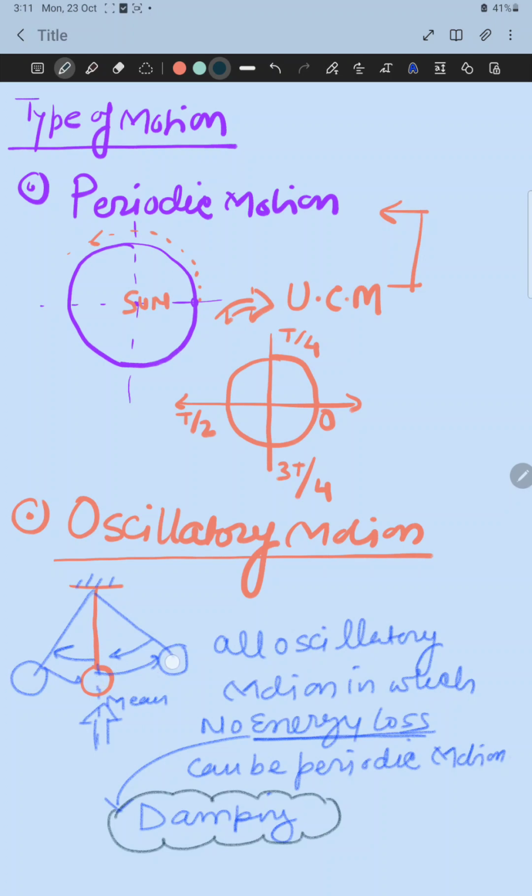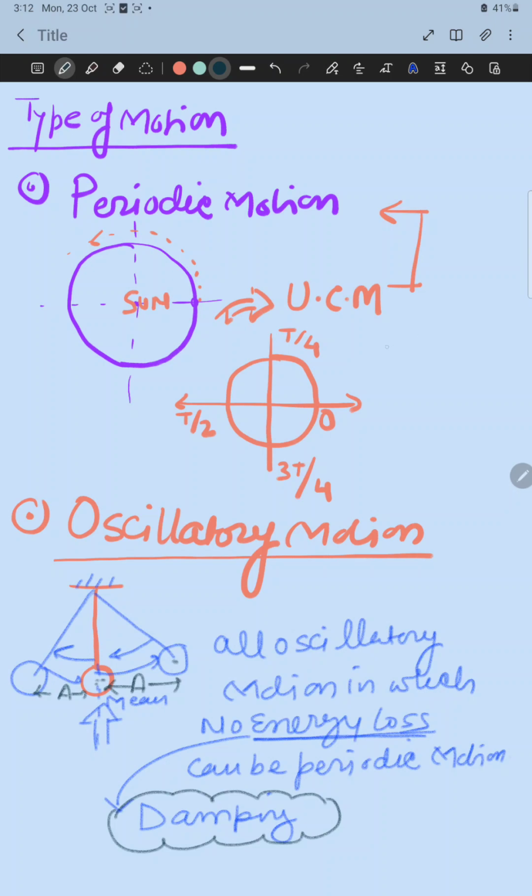The extreme position attained by the pendulum from the mean position is called the amplitude. This is an important note. All oscillatory motion is called periodic once there is no energy loss. But all periodic motion can be called oscillatory motion?